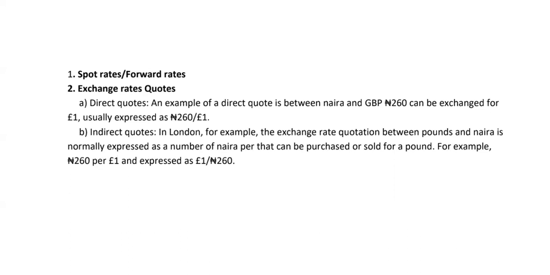So what it means is we want to change the direct to indirect. Direct in Nigeria, using the same example previously, will be 260 Naira slash 1 pound, which is the same thing as saying 260 Naira can be exchanged for 1 pound.